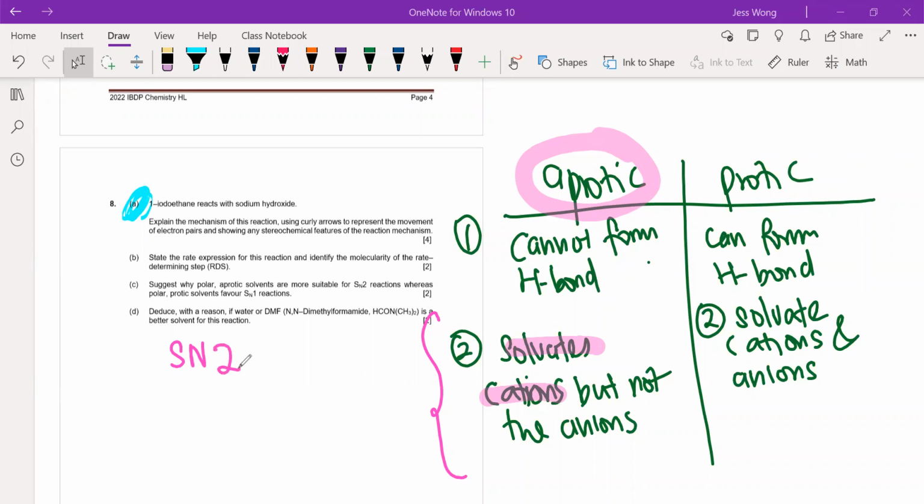Okay, why is it suitable for SN2 reaction? Because in an SN2 reaction, we need a very reactive nucleophile, right? And since this aprotic solvent does not solvate the nucleophile, which is the anion, the nucleophile will be very reactive there. All right, because we need a reactive nucleophile.